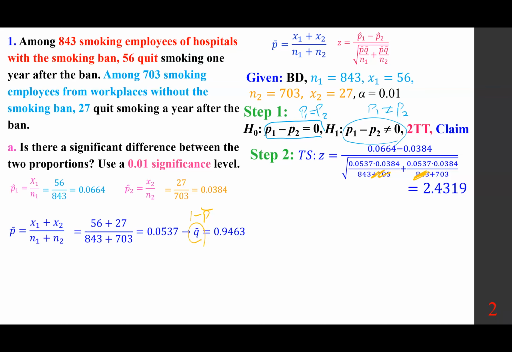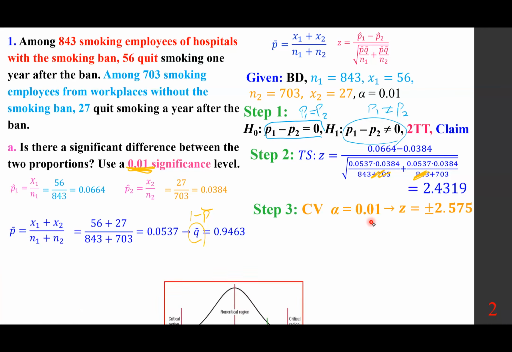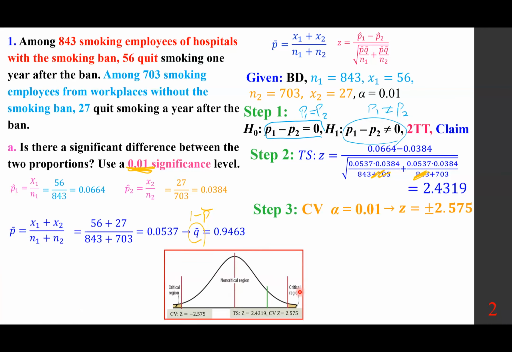Critical value comes from the choice of alpha, which is 0.01. Z is plus minus 2.575. Remember, with the binomial distribution, we always go to the Z distribution because it's an approximation by a normal distribution. And so we are going to draw the graph.